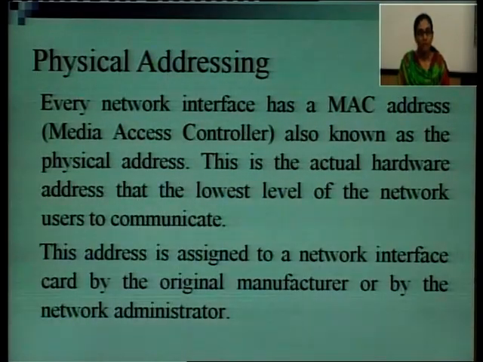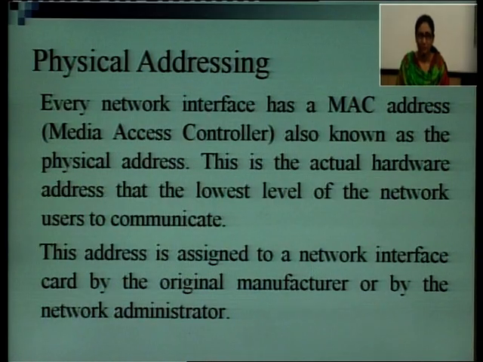Now what is physical addressing? Physical addressing is the NIC, that is network interface card number, given by the original manufacturer or the network administrator. Each network interface has a MAC address, that is media access control. It is also known as the physical address. This is the actual hardware address, the lowest level of network address used to communicate.